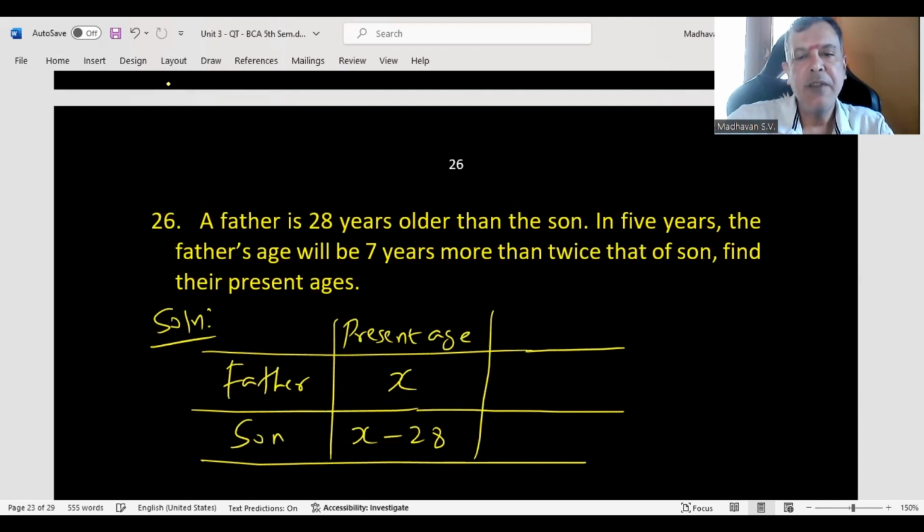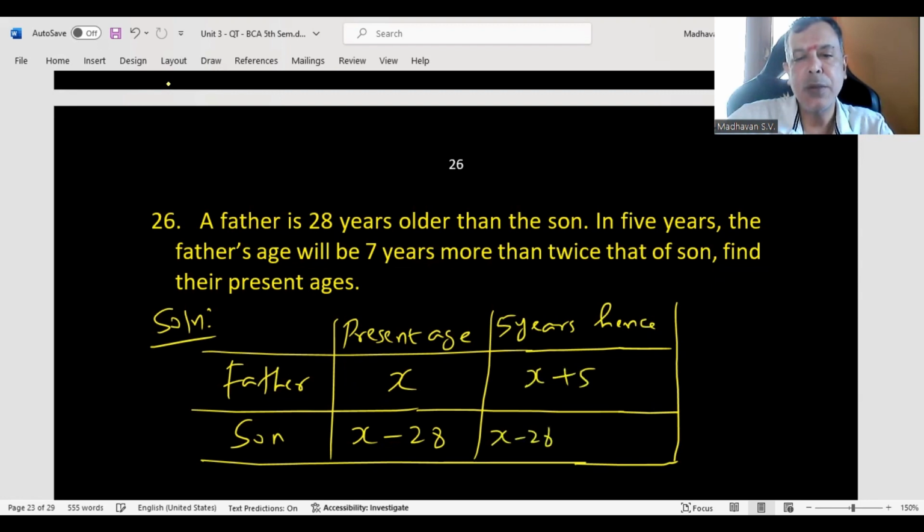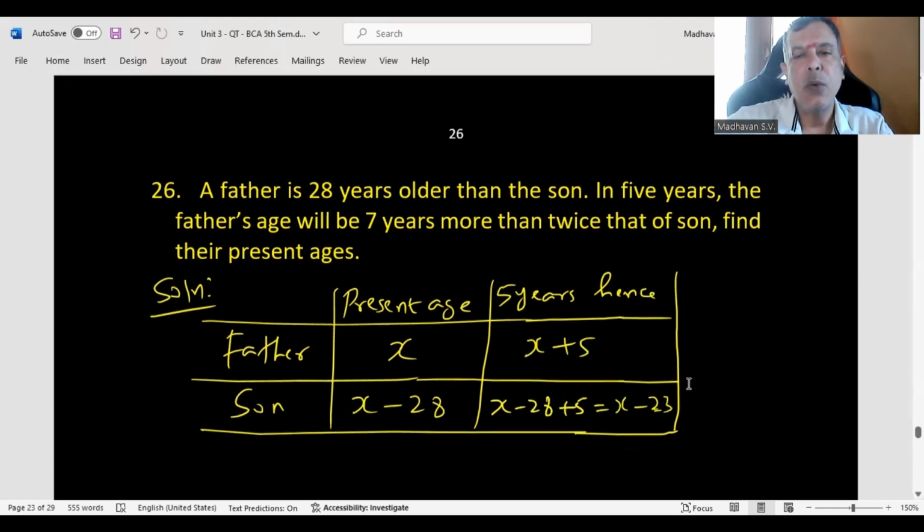Now, in 5 years, which means after 5 years, this age of father will become X plus 5. Son will be X minus 28 plus 5, which will be X minus 23. Now, what is that they gave?